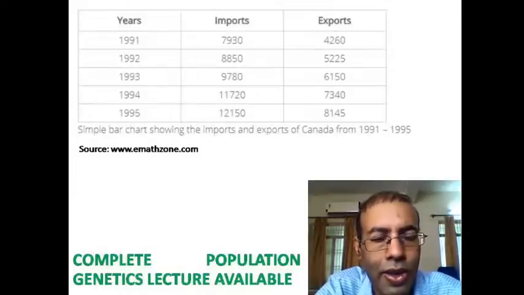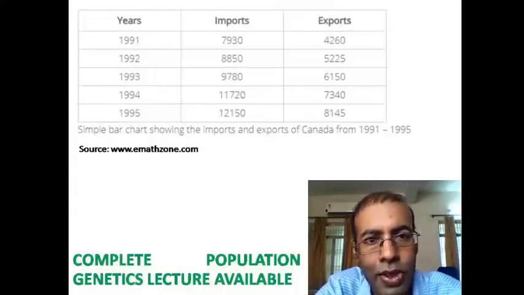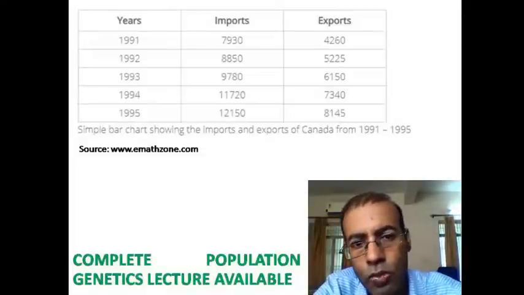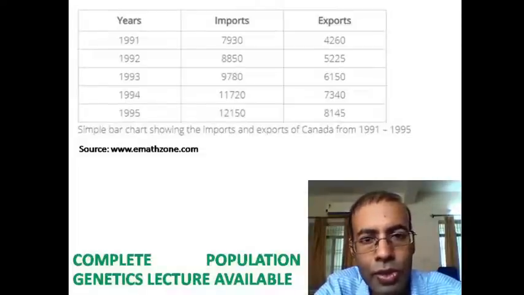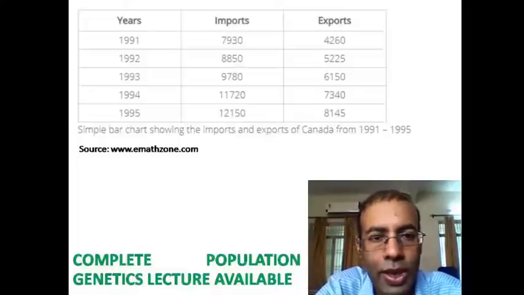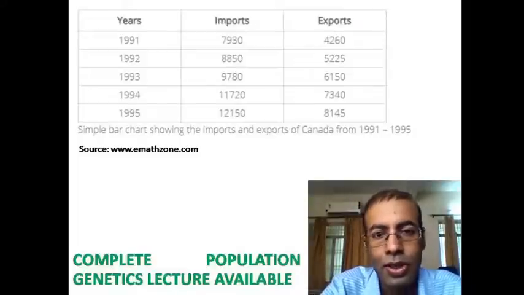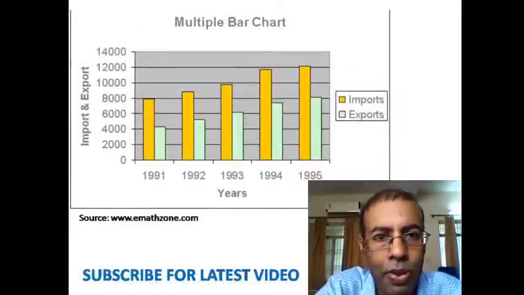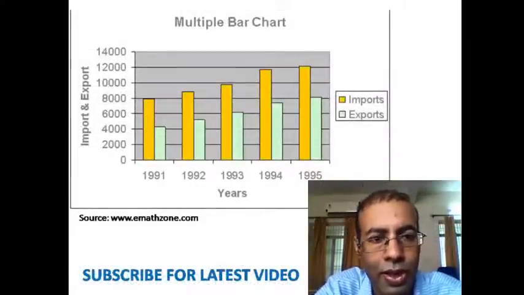Similarly, in every year from 1991 to 1995 we have a certain import value and a certain export value. Now we are using this information to make a multiple bar diagram. So this way we can make a multiple bar chart.